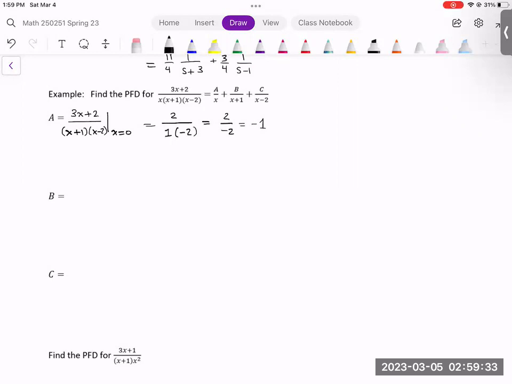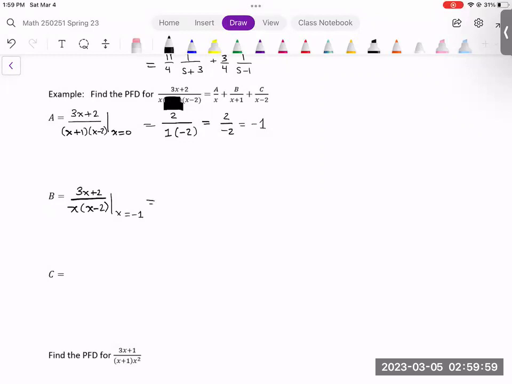Okay. Next up, we're going to look at the b term. So think about where that denominator is equal to 0. That's going to be at -1. Okay, so we're going to cover up the x plus 1 term. We're considering everything else.